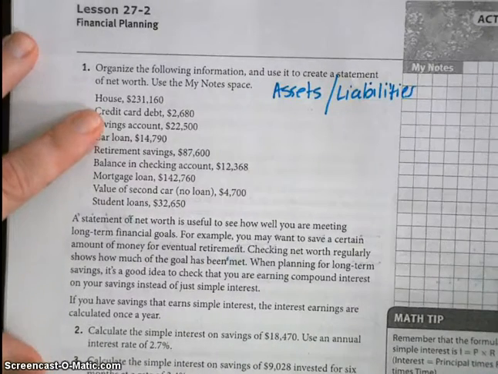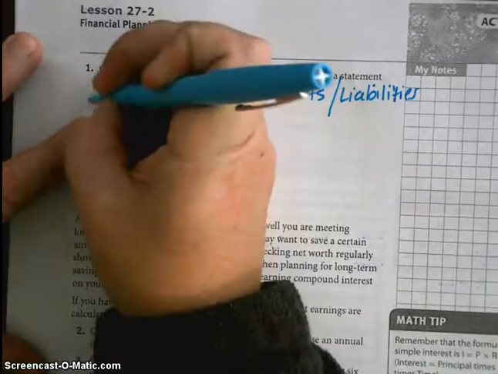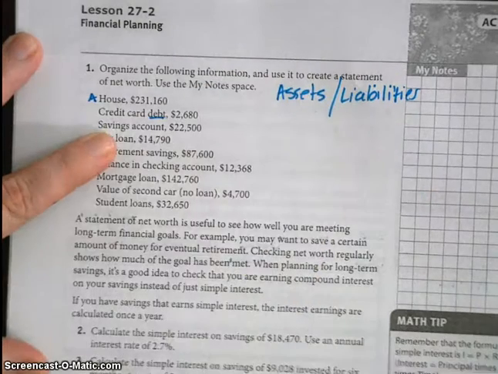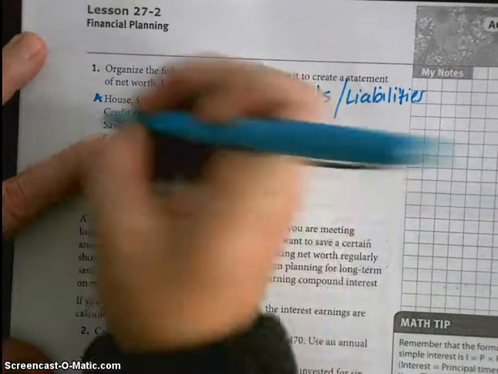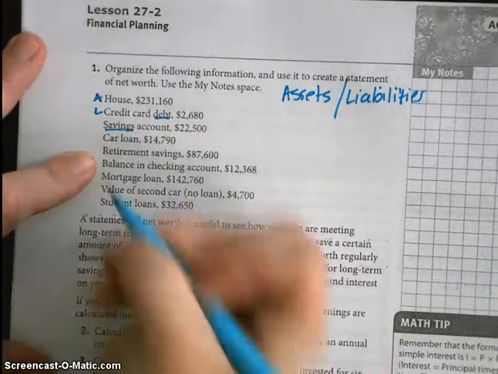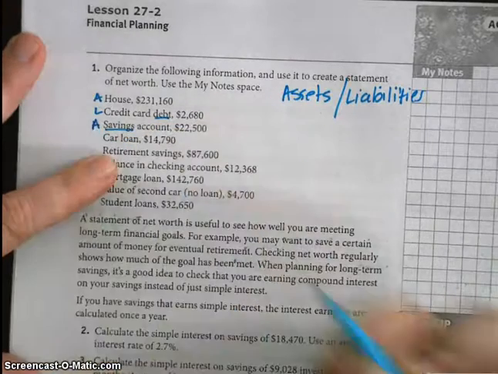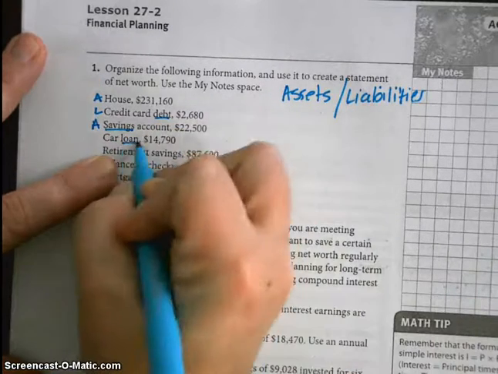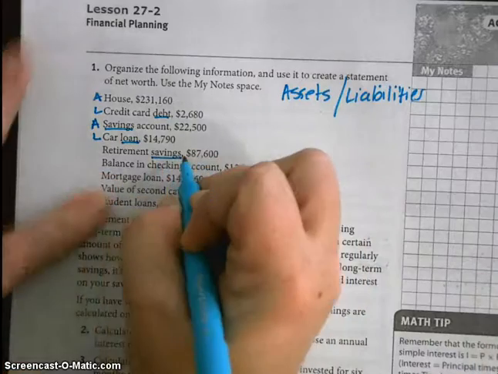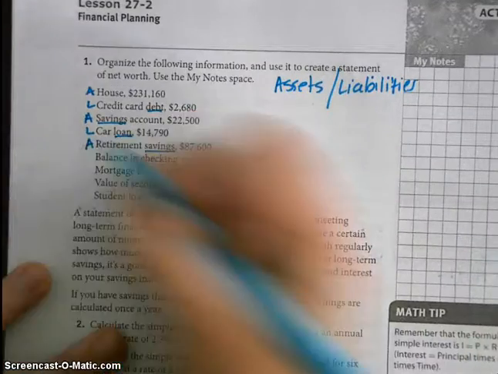So a house is something I own, so that's an asset. Credit card debt, underline the word debt, that's a loan, so that's a liability. Savings account is money that I have, so that's an asset. A car loan, that's a liability. Retirement savings, that's money that I have, that's an asset.